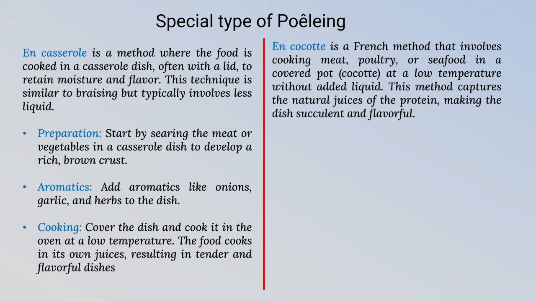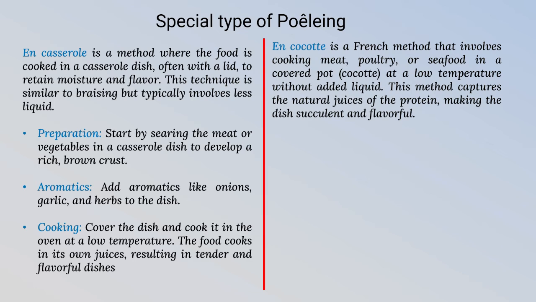Then what is the difference between this casserole and cocotte? This is also a casserole dish. Here also a cocotte container. Here it is without added liquid. This method captures the natural juices of the protein and makes the dish succulent and flavorful.